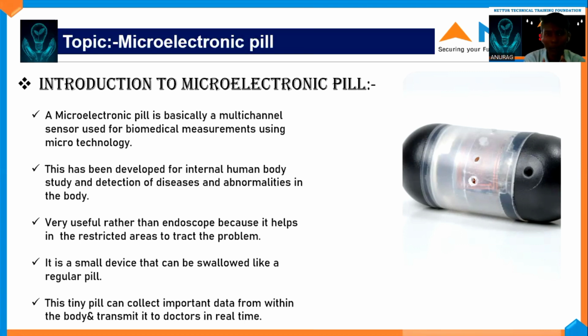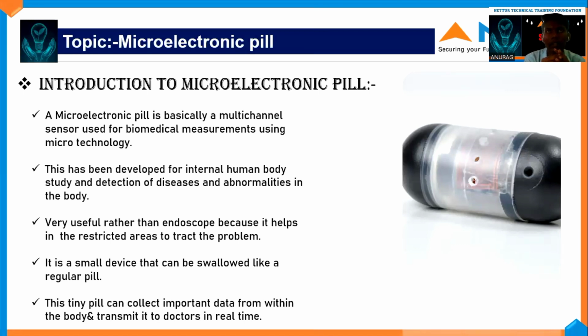It has been developed for the detection of diseases and abnormalities in our body, and it is very useful because in endoscopic surgery we cannot detect much about the human body organs. So it helps where we can detect problems in restricted areas.